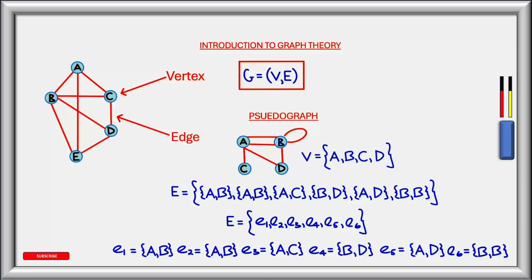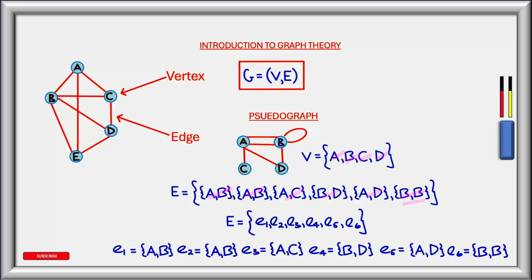If we go a step further and allow both multiple edges and self-loops, we call this a pseudograph. And the example on the board shows a pseudograph. Note the multiple connections between vertices A and B, and also notice that vertex B has a self-loop. So in this example, we have vertices A, B, C, and D, and the edge set shows that we have connections between A and B, A and B again to account for the multiple connections, A and C, B and D, A and D, and B and B. B and B accounts for the self-loop.